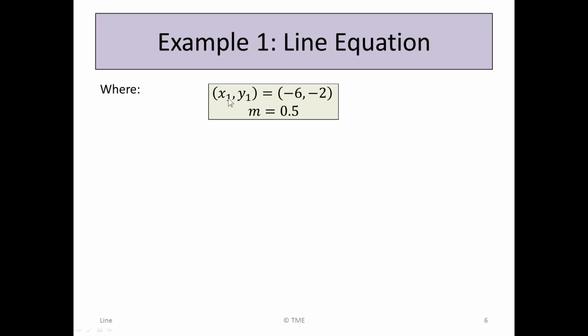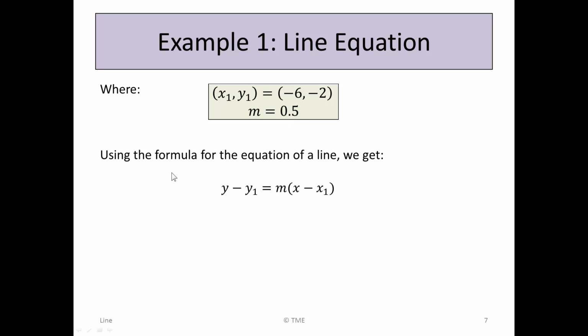So we can now progress. We know 2 points, but we'll just take one of them, -6, -2 for x1, y1, and the slope m of 0.5. Using the formula for the equation of a line, we get that y minus y1 is m into x minus x1. This is given to us.